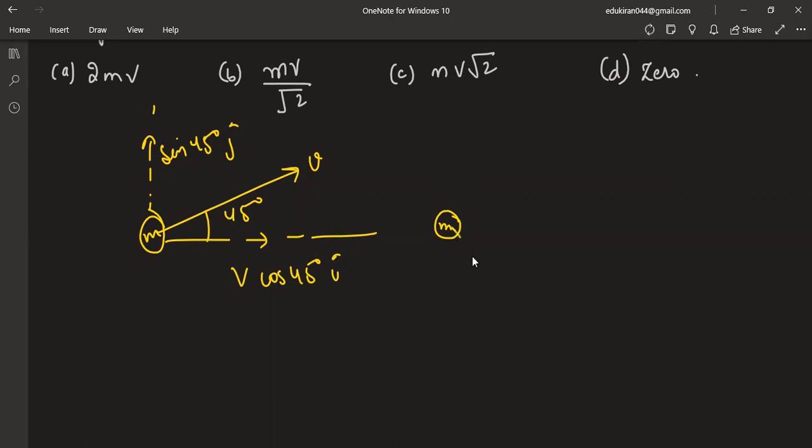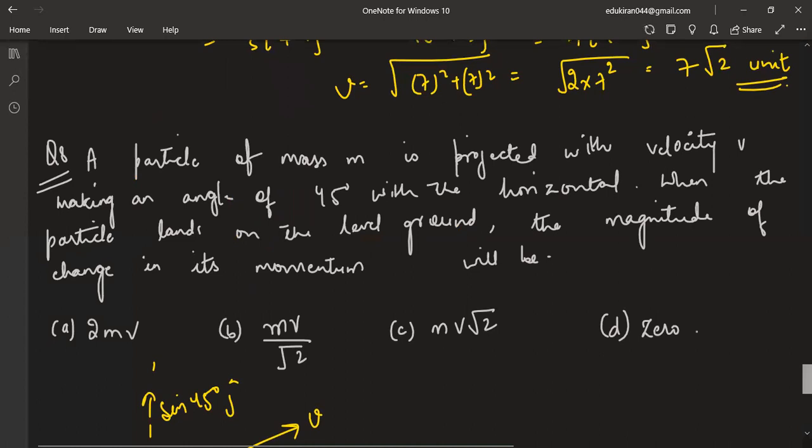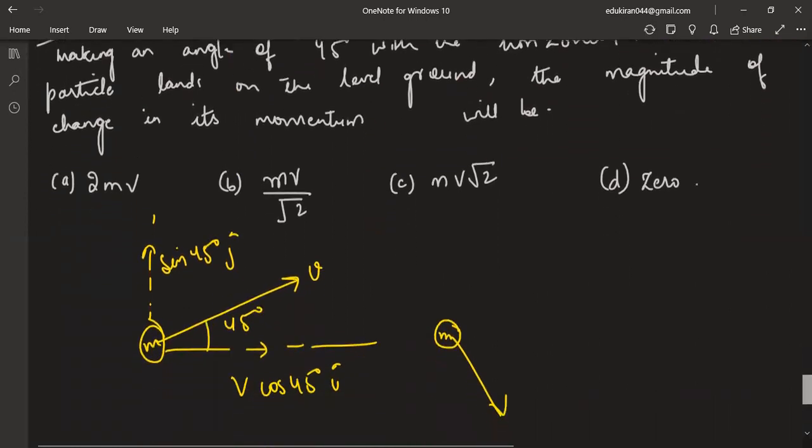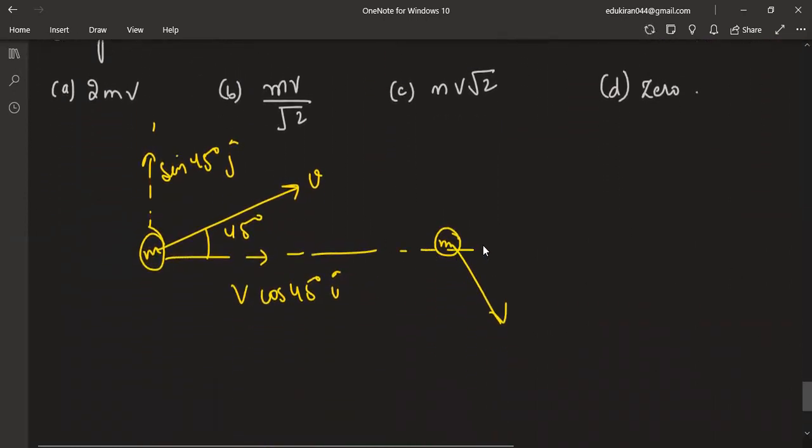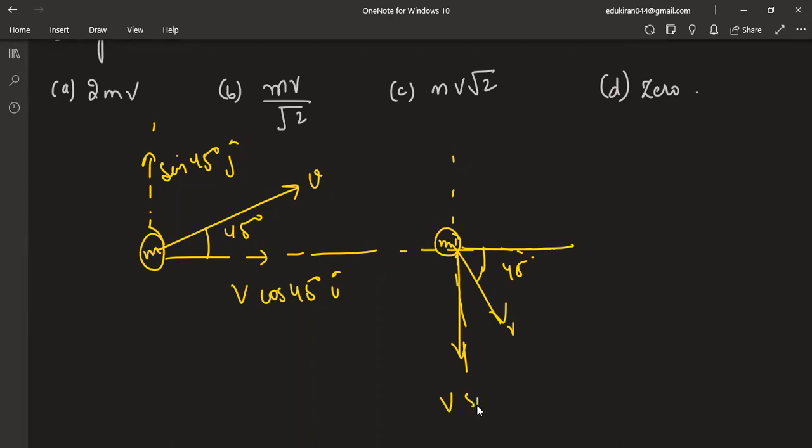The magnitude of change in momentum when the particle lands on the level ground. So same thing, we'll resolve this across x and y. Again, this is V cos theta for you. 45 degrees, it is making an angle. This part will become V sine theta.